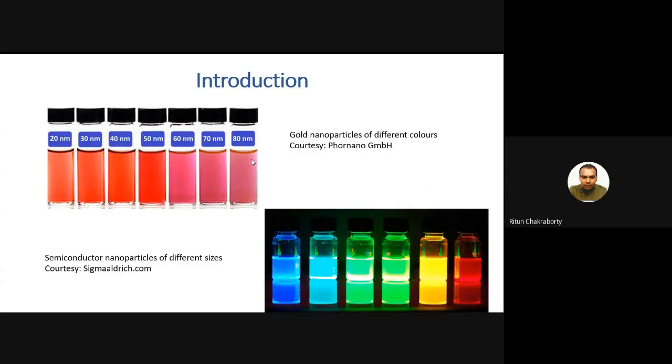Because in order to observe these colors, you have to do UV visible absorption spectroscopy measurements, right? UV visible means you will apply ultraviolet and visible light to your sample.